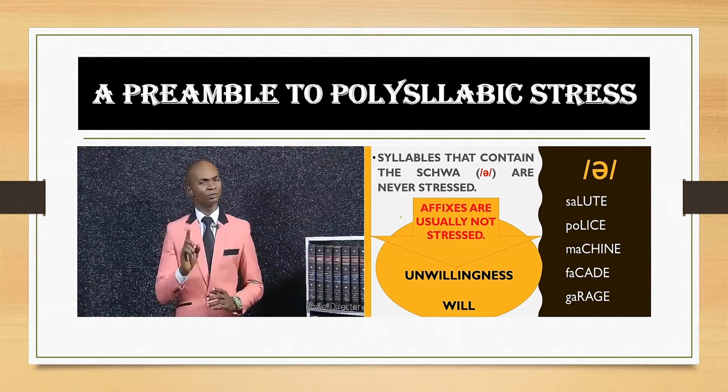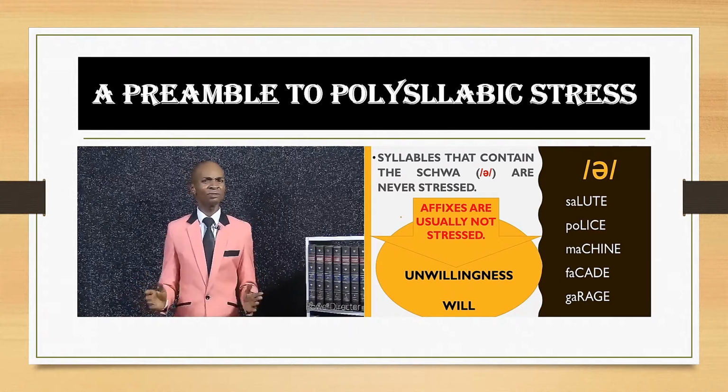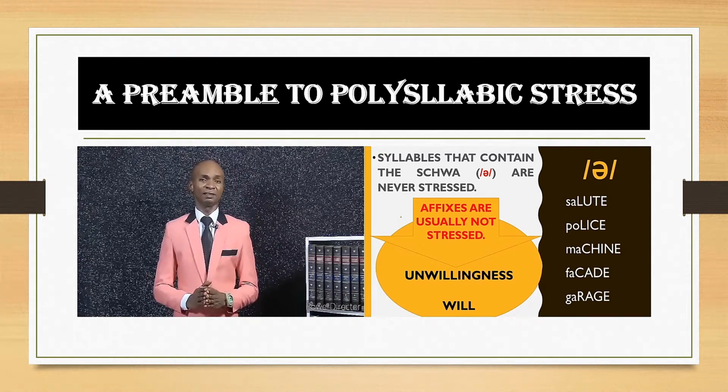For example, in dealing with stress on 2-syllable words, syllables that contain the schwa, vowel number 12, are usually not stressed. For example, in a word like salute, there's a schwa in the first syllable. That's why the stress is on the 2nd syllable.